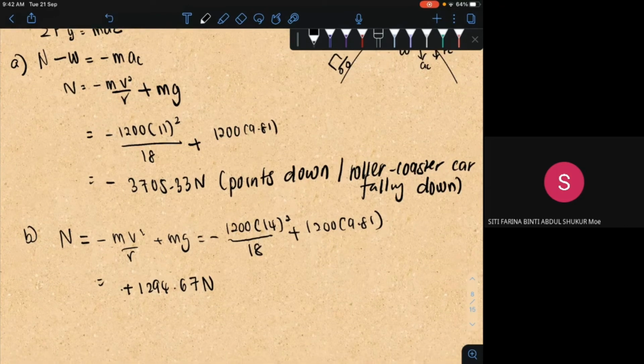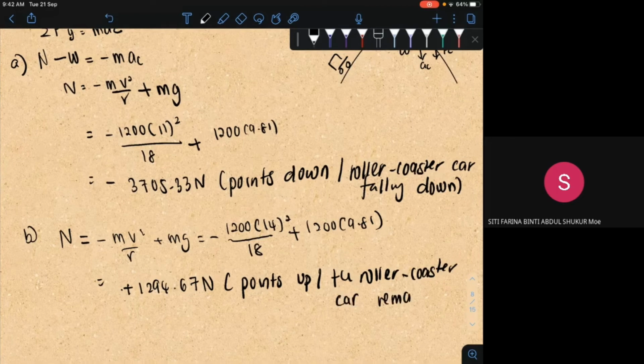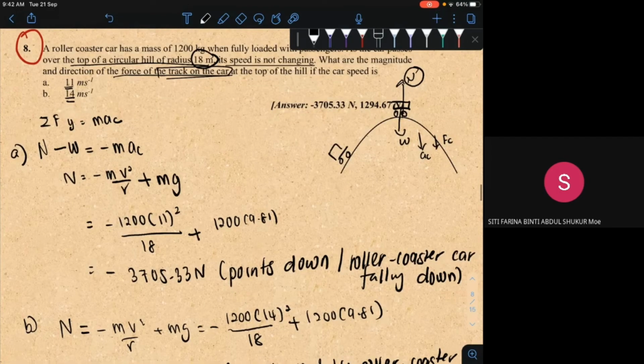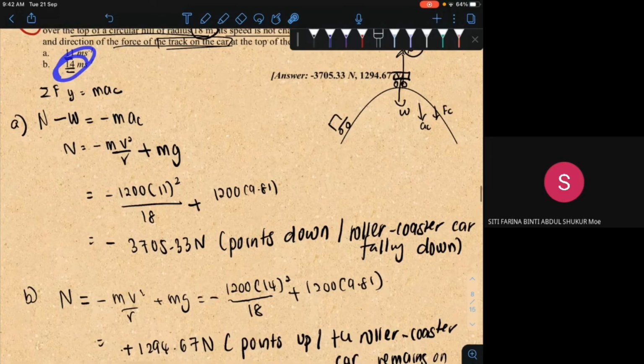Dia boleh stay there. Points up, the roller coaster car remains on the track. Maksudnya dia takkan terjatuh sebab kelajuan yang kita guna 14 meter per second ini bertepatan, sesuai, because you get a positive.